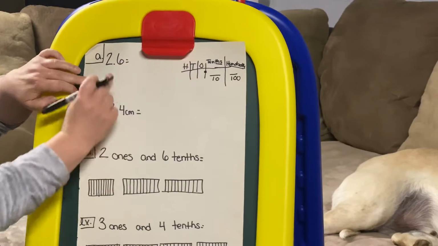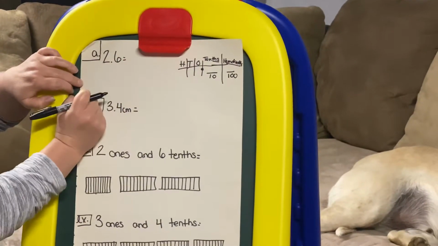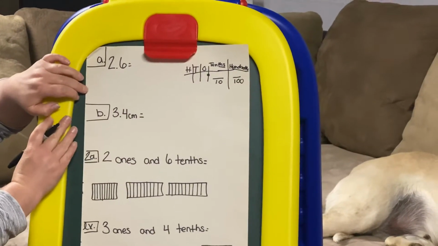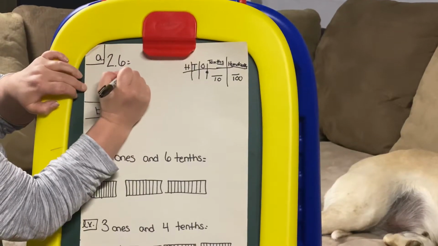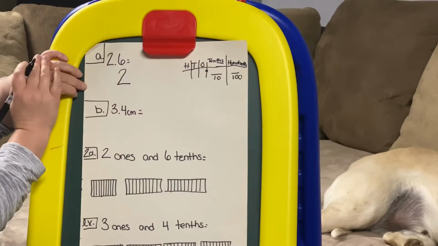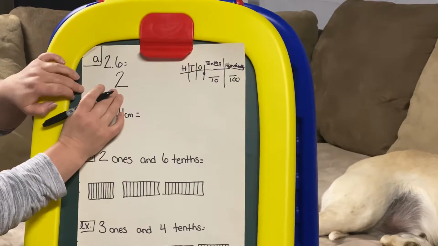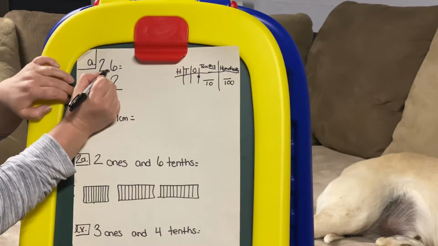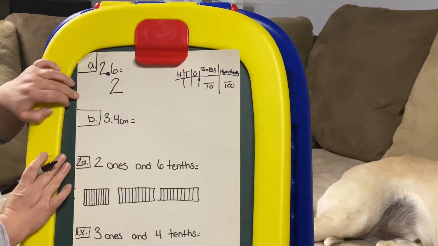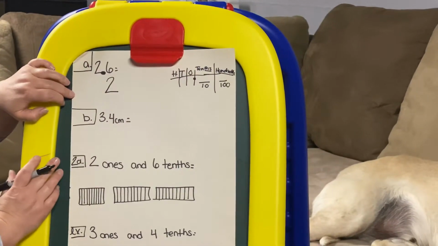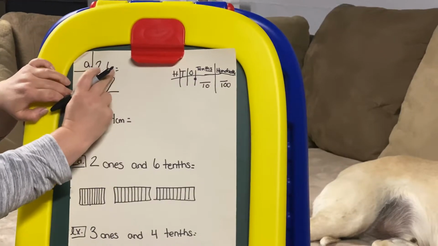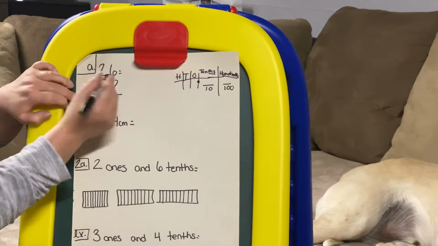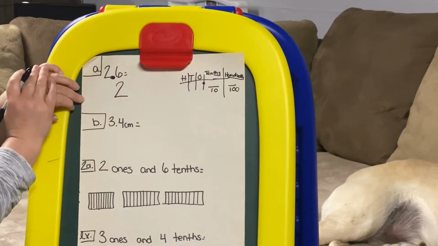So if we have 2.6 and we need to write this as a mixed number, I take my 2, that is my whole number. It would go in front. We know we have 2 wholes. This little guy right here, this decimal point, is really another word for and. So if you hear 2 and 6/10, you know that where you see and, that is your decimal.